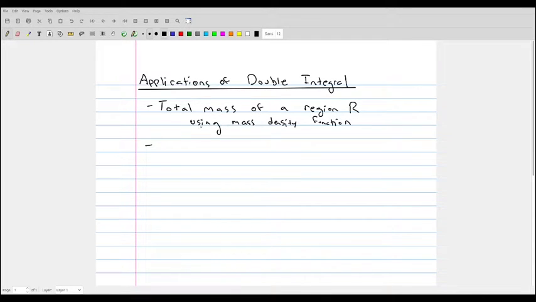And related to that, but in a completely different area, is the total electric charge of a region, given some mass or a charge density function.